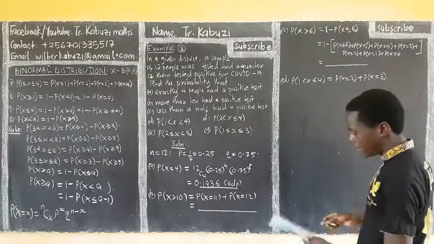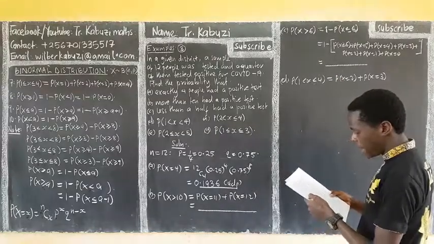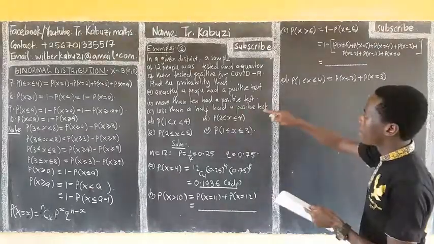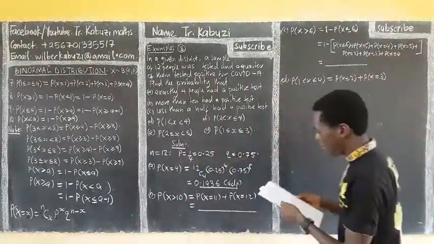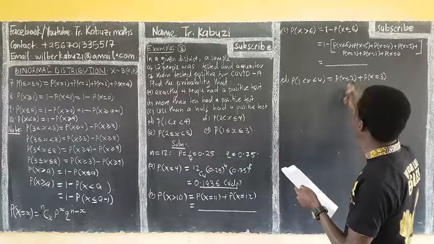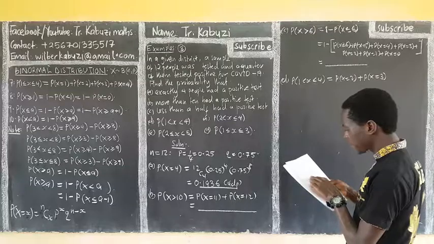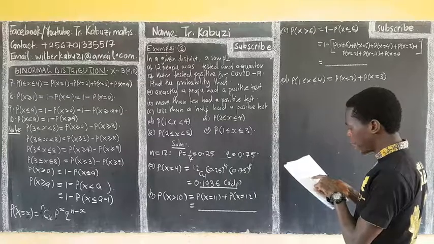And then I can read this from individual probabilities. Our n is 12. Then you can have x equal to 2. My x is equal to 2. Now I'm going to use a table.